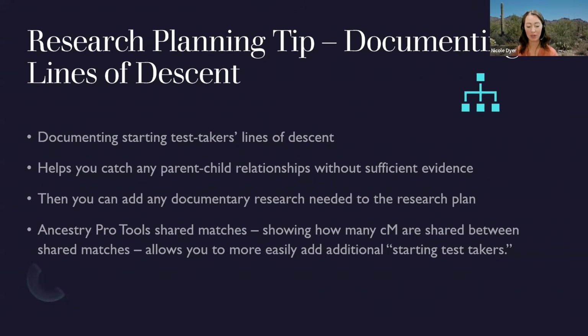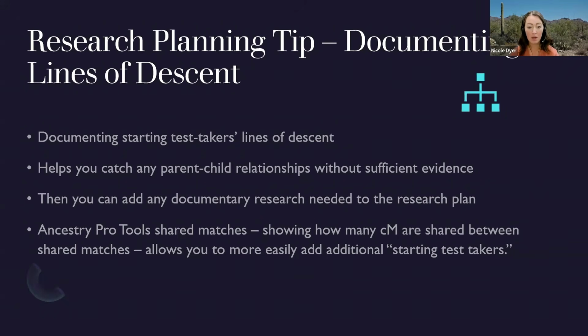So it's less important to say this is a person whose kit I can see the matches for, except when you're thinking about coverage, because with coverage, you focus only on those people who've actually given you access to their kits, because you can see all their matches. But when you're thinking about evidence between 2 groups of people, you can use these other people you find in Pro Tools shared matches in Ancestry. And of course, we could always do that in MyHeritage too, and other companies like 23andMe.